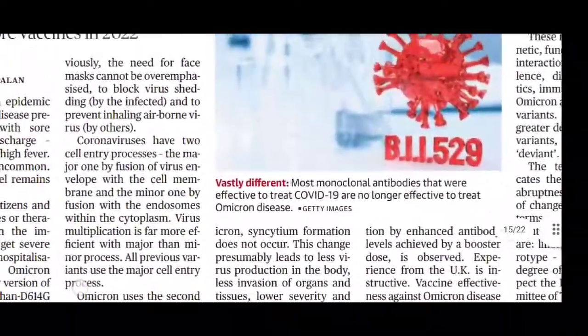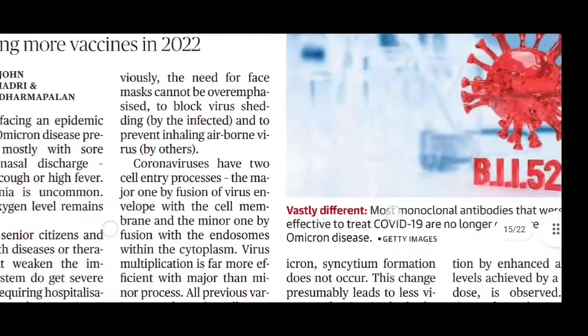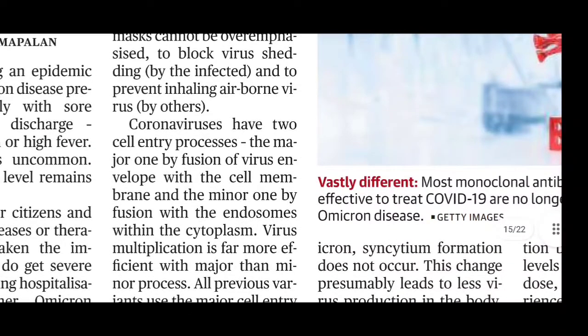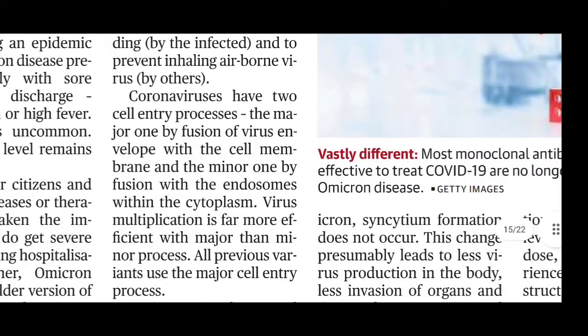Obviously, the need for face masks cannot be overemphasized to block virus shedding (by the infected) and to prevent inhaling airborne virus (by others).